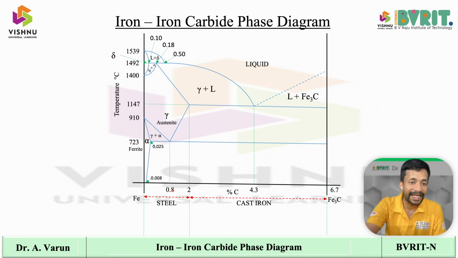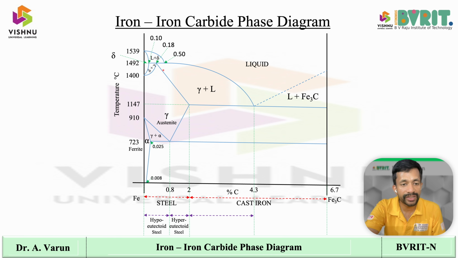Anything less than eutectoid is called hypo, and anything more than eutectoid is called hyper. Same as the case with eutectic. So we have 0 to 0.8 called hypo-eutectoid steel, and 0.8 to 2 called hyper-eutectoid steel. Similarly, 2 to 4.3 is called hypo-eutectic cast iron, and 4.3 to 6.67 is called hyper-eutectic cast iron.